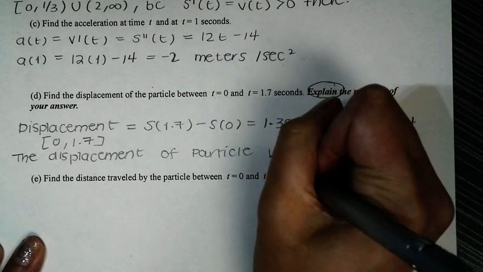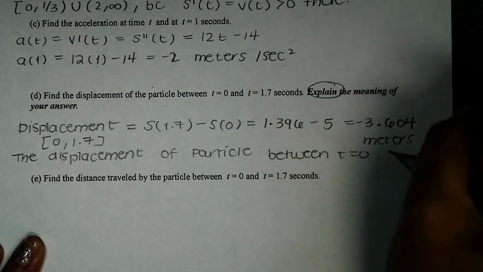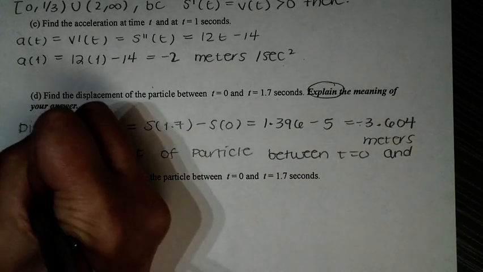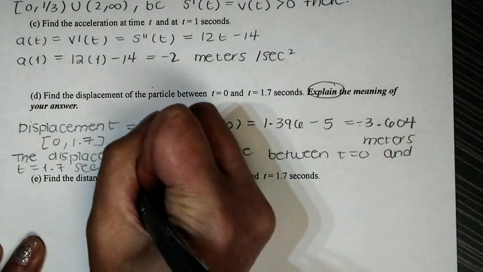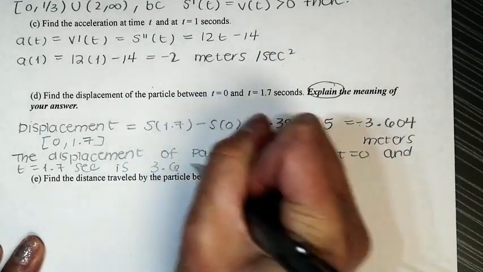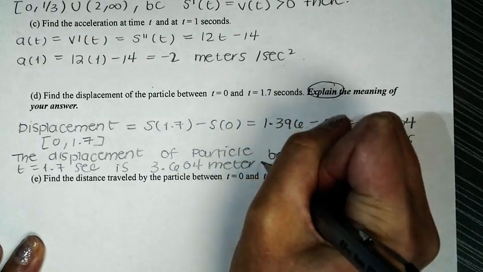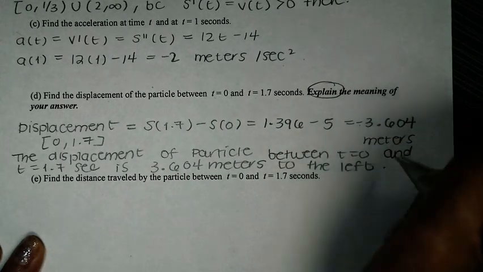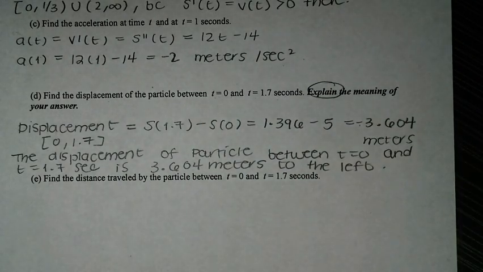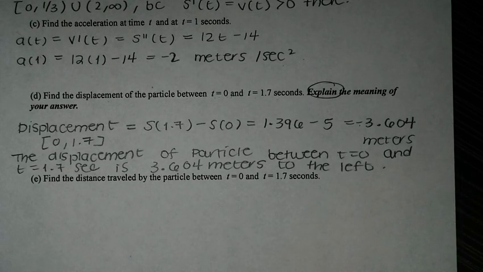Between t equals 0 and t equals 1.7 seconds, the displacement is 3.604 meters to the left. So you can see that the negative is giving you beneficial information, which is telling you that it's to the left of where you started.